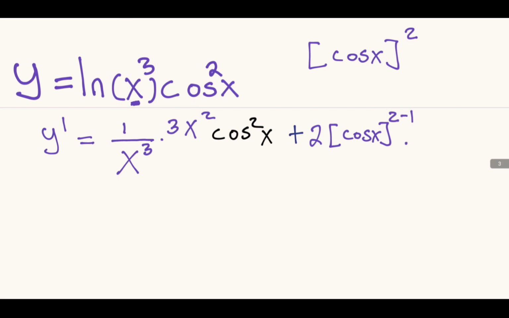So now we have to differentiate what's inside the parentheses. So the derivative of the cos x is equal to negative sin x. Remember, when you differentiate any trigonometric function which starts with the letter c, you always get a minus. So this is multiplied by the original function ln of x cubed.